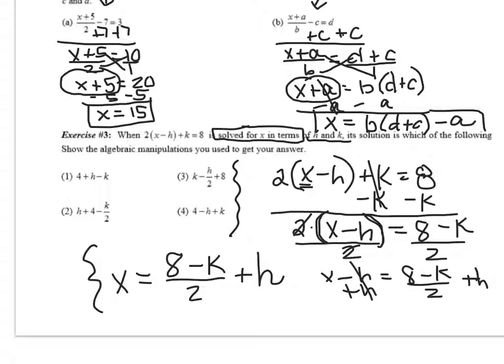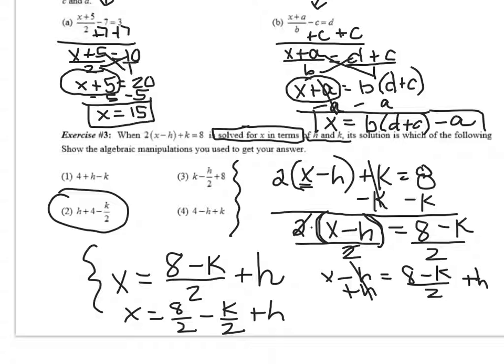Remember, dividing 8 minus k by 2, that's the same as doing this: 8 divided by 2 minus k divided by 2 plus h. Well, 8 divided by 2 is 4. So do we have an expression up there that says 4 minus k divided by 2 plus h? We do, right here.